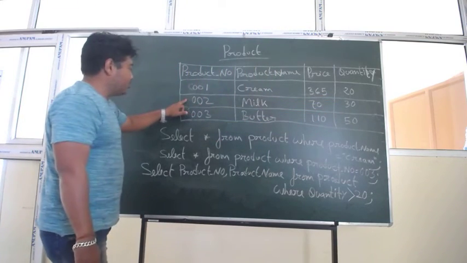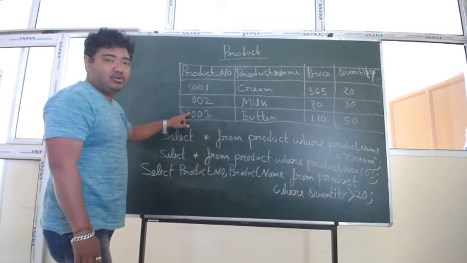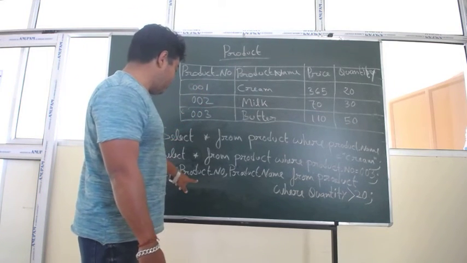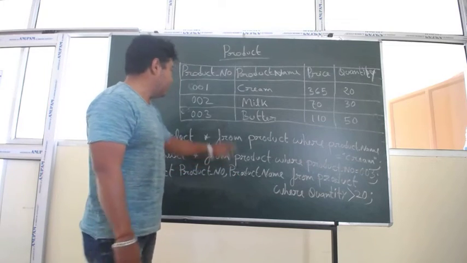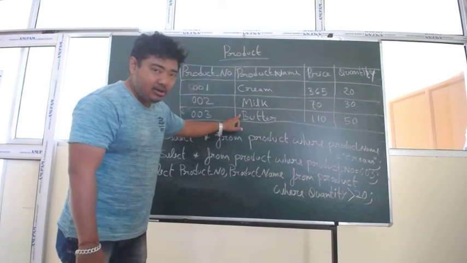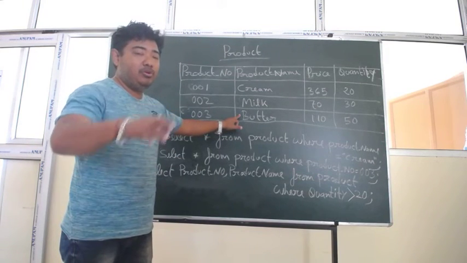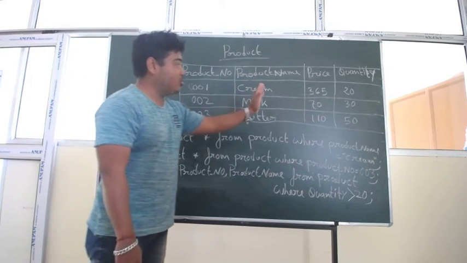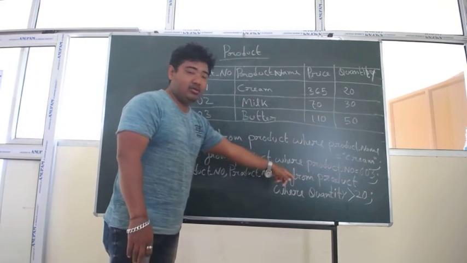Okay, 002, 003, 2 records are there. So it will show the product number and product name. That is 002 milk, 003 butter. This one only will be shown to your monitor. The price will not show and quantity, this is the condition.